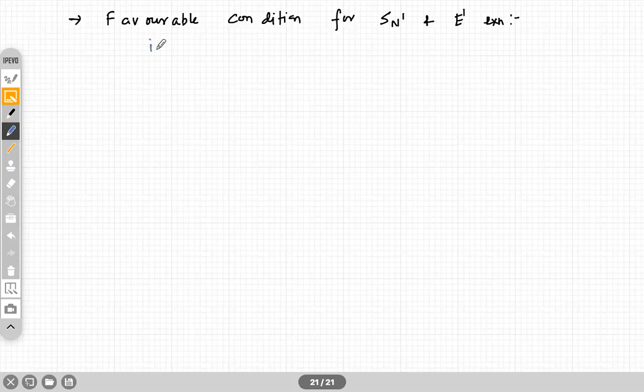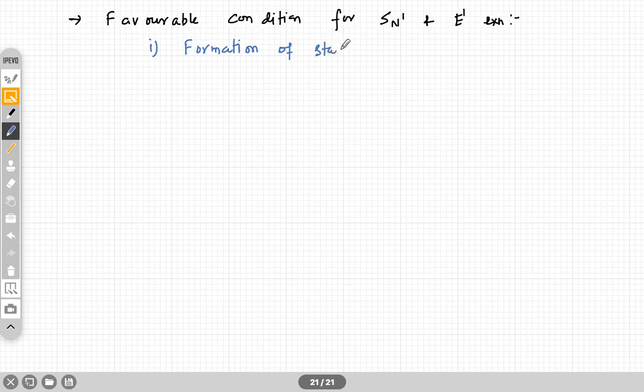The first one is formation of stable carbocation. Second one is polar protic solvent.